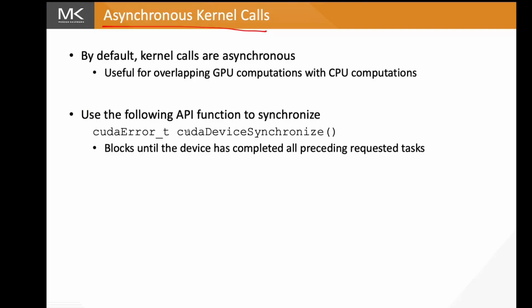So in case you want to wait until the kernel execution on the GPU finishes, you have to call this function from the CUDA API called cudaDeviceSynchronize. So in this case, the CPU execution will block until the execution on the GPU completes.